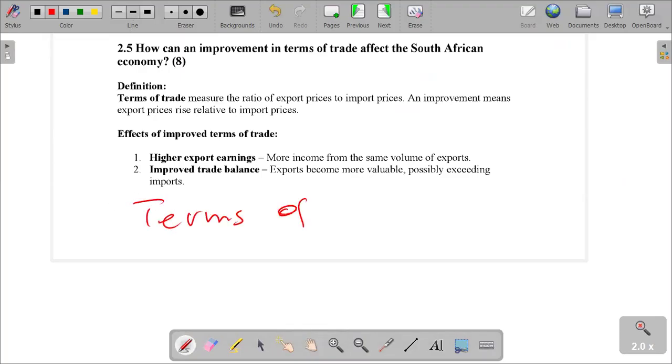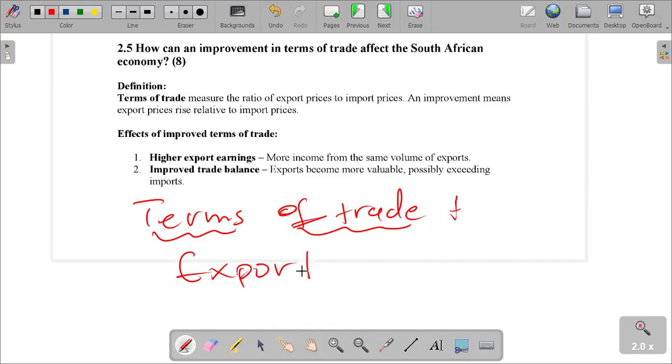Terms of trade: export, import. Is export larger than import? Is export equal to import? Is export smaller than import? So these are the terms of trade in simple terms.